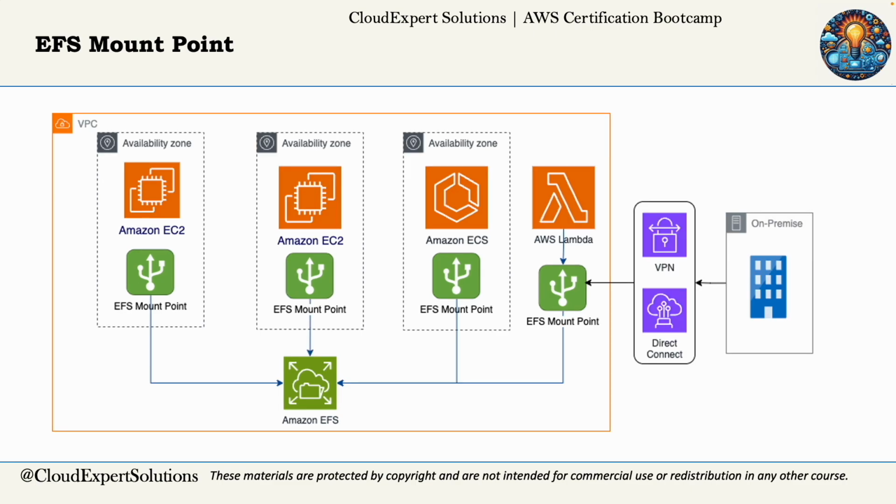If you have a use case to access Amazon EFS from an on-premises location, you can also do that via a VPN or a Direct Connect connection between your on-premises and AWS cloud. We have dedicated sessions on AWS networking services like VPC, Direct Connect, VPN and other AWS networking services.